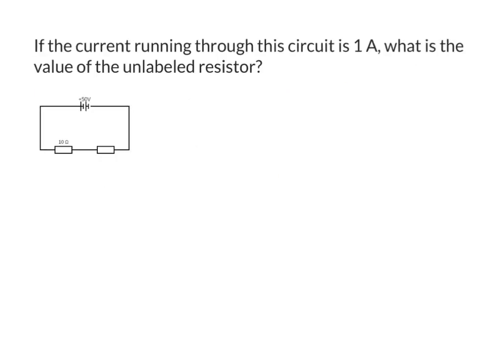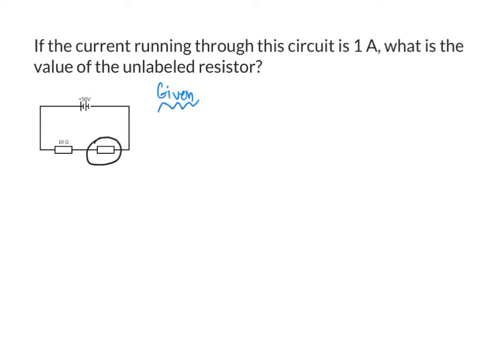Let's do one more problem, and this is going to be like our previous problem but backwards. In this problem, we are going to take the current running through the circuit and use it to determine the value of our unidentified resistor, this mystery resistor right here. So let's go ahead and try it out. Let's start with my givens.